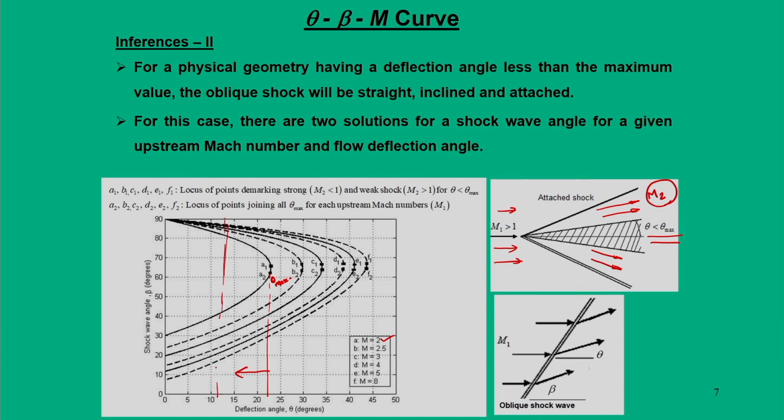Any flow deflection angle will cut this curve at 2 points. Now, we were looking at M1 equal to 2, so it will cut at 2 points. These 2 points we normally call the shock wave angle. That means there are two solutions possible for a given flow deflection angle.